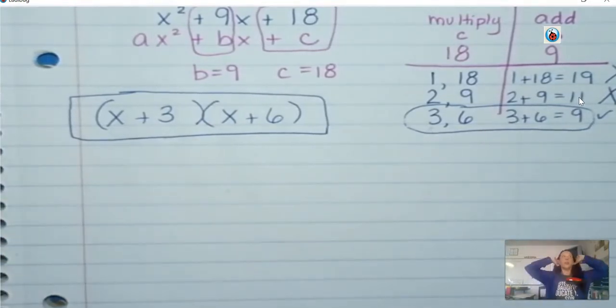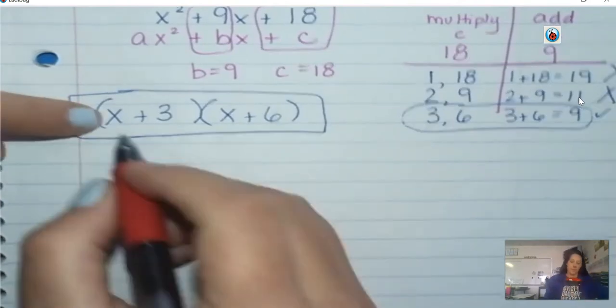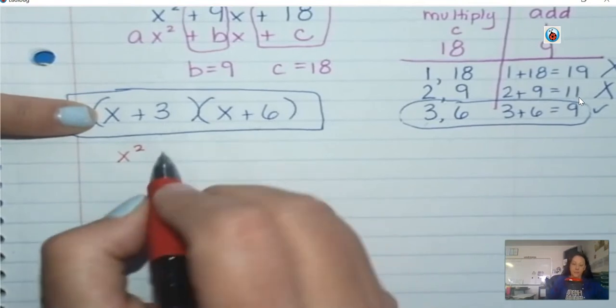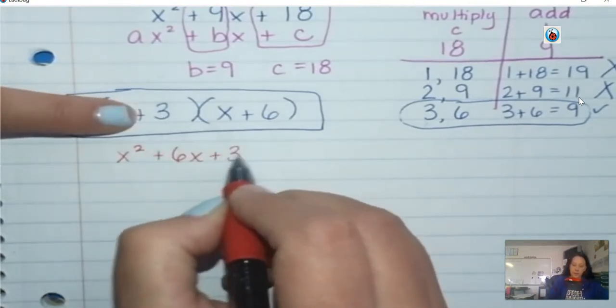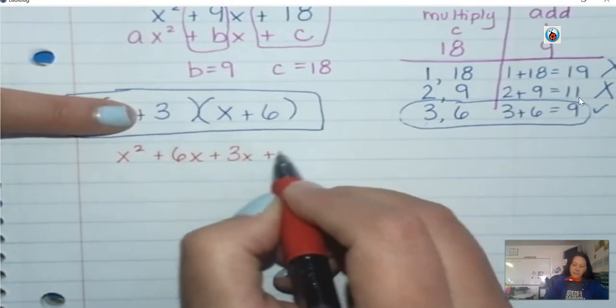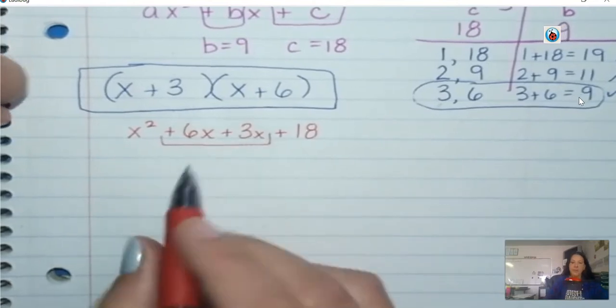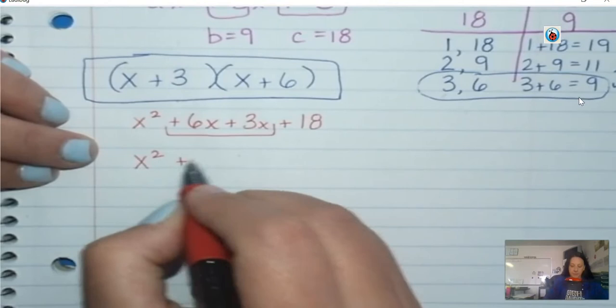If I took those and FOILed them out, x times x, I would get x squared. x times 6 is 6x. 3 times x is 3x. And then 3 times 6 is 18. Then combine your like terms in the middle. 6x's plus 3x's is 9x's.